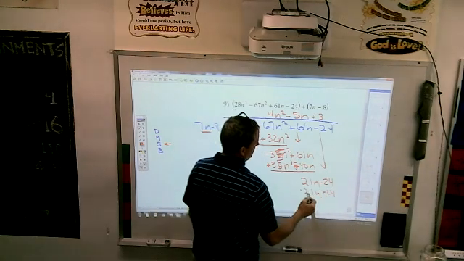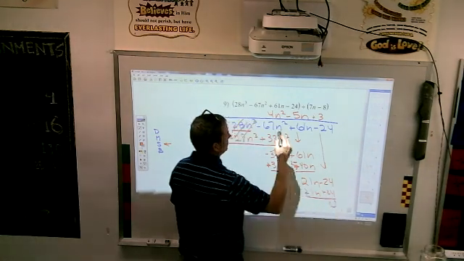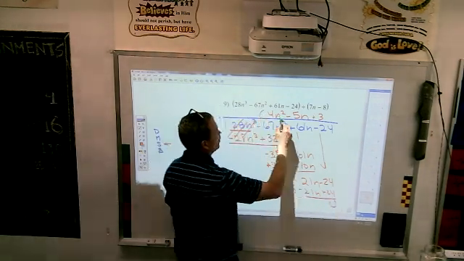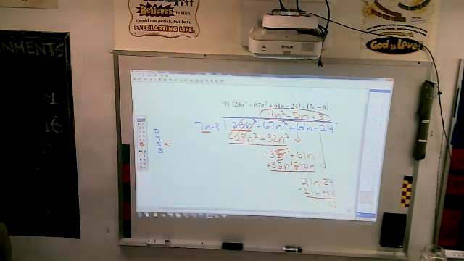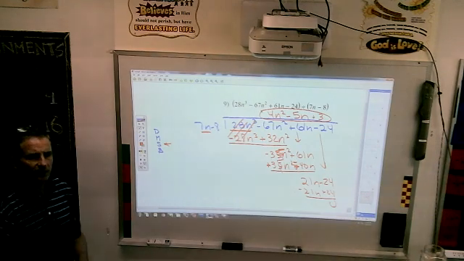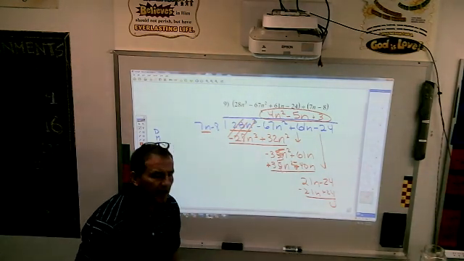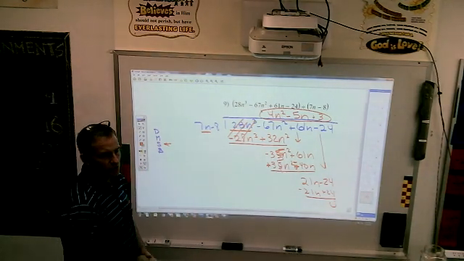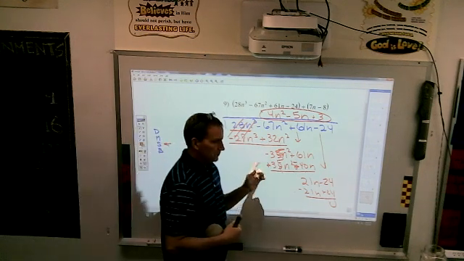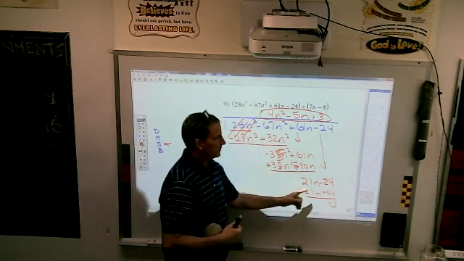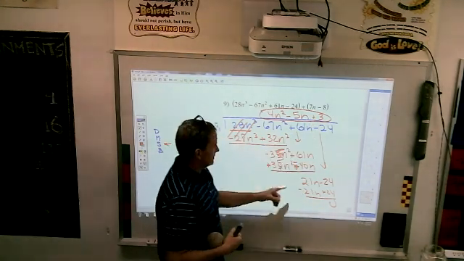Subtract, plus, get nothing. Where did what come from? So where do the bottom numbers come from? When I multiplied 3 times this, I got this.